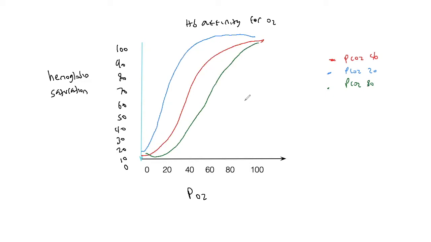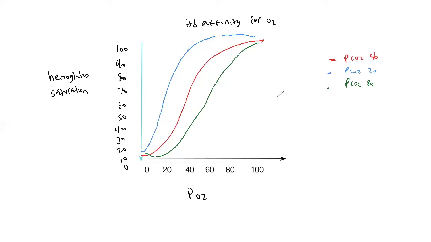Why is this? Well, for starters, the amount of CO2 in the blood is determined by the metabolic activity of the cells. If the cells are in a lower state of activity, that means they don't need as much oxygen. If they don't need as much oxygen, then oxygen is going to stay bound to hemoglobin until it's needed. However, when the partial pressure of CO2 goes up, that means the cells are in a state of increased metabolic activity. As a result, they need more oxygen, and they're also expelling more carbon dioxide.